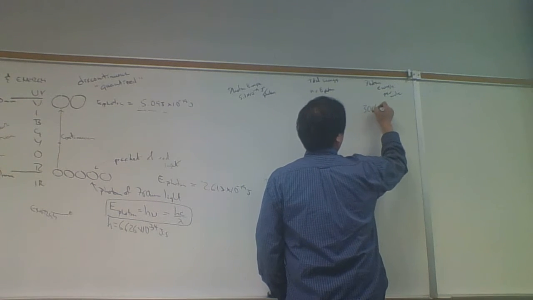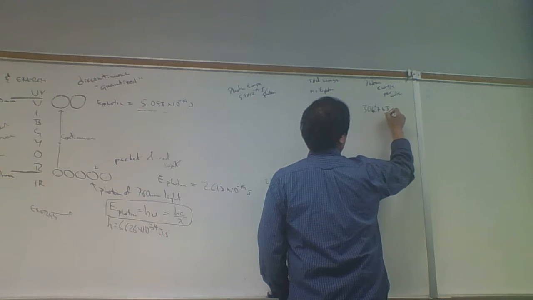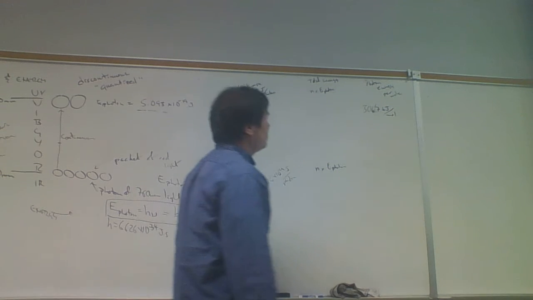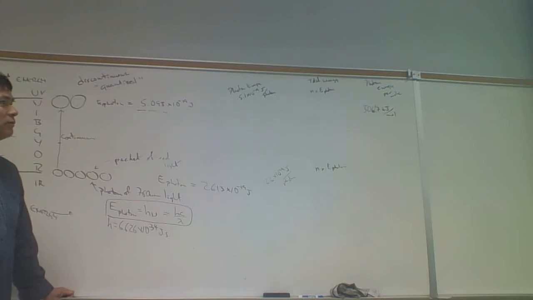All right, 306.7 kilojoules for a mole of photons.